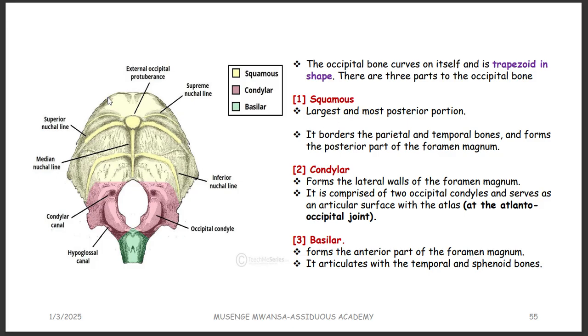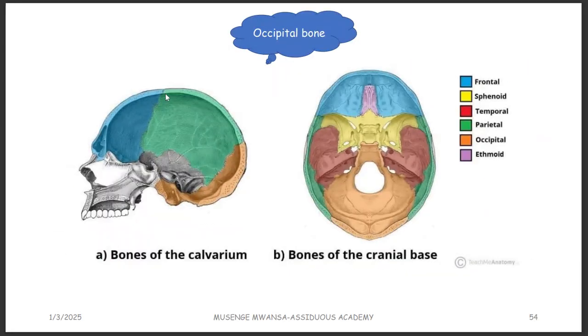This whole part here is the squamous part, which is the majority of the bone. It is going to border the parietal and temporal bones. If you look at this one, can you see that it's attached on top to the parietal bone, and on the sides it's connected to the temporal bones there.